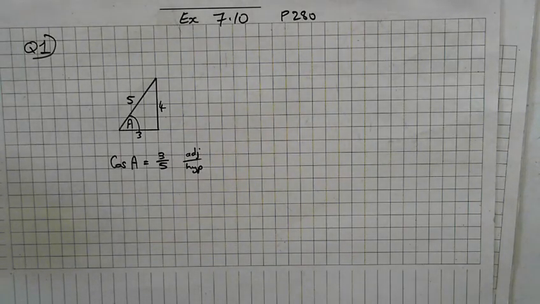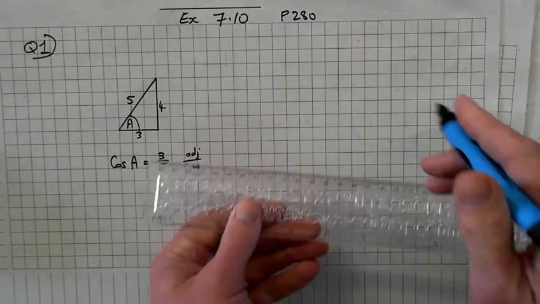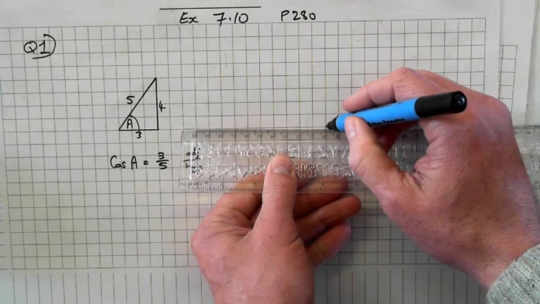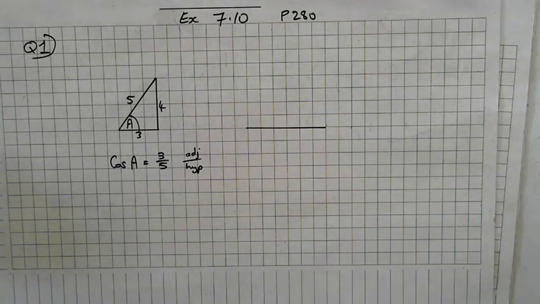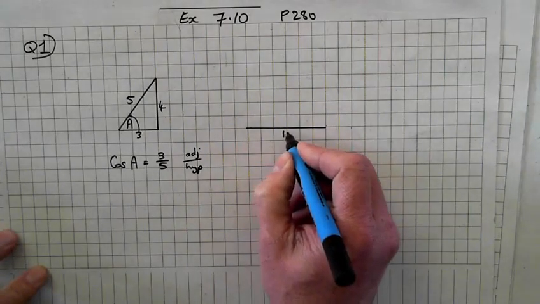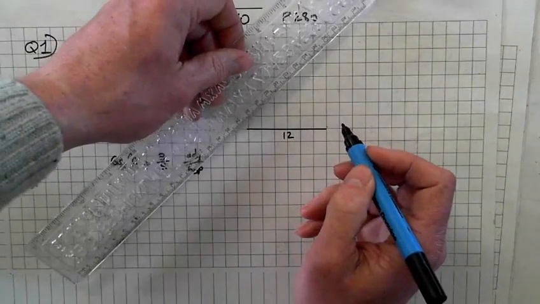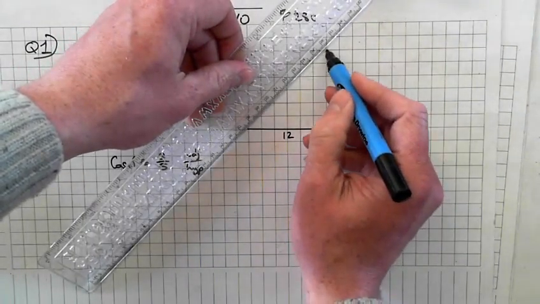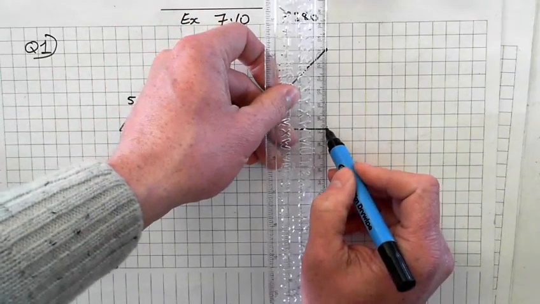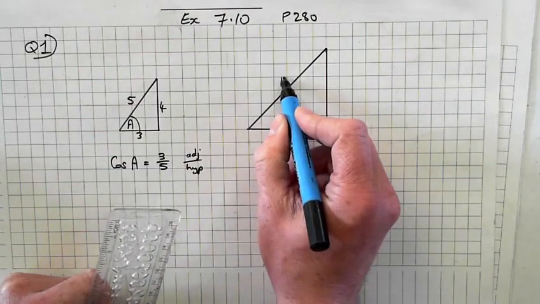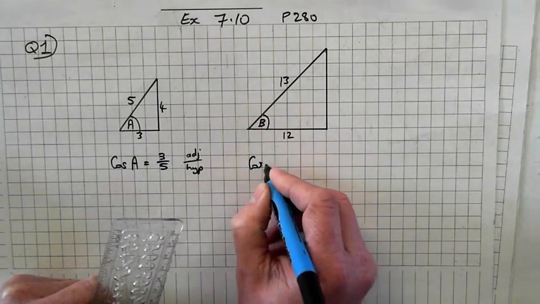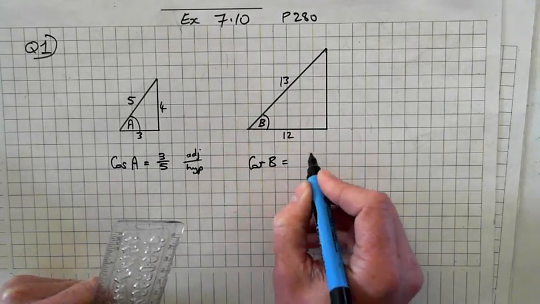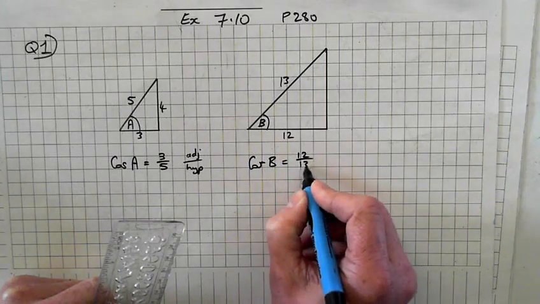And the other one, cos of B, so an angle B. So another triangle is 12. So again, cos is adjacent, 12 over the hypotenuse is going to be 13. Cos B is equal to 12 over 13.